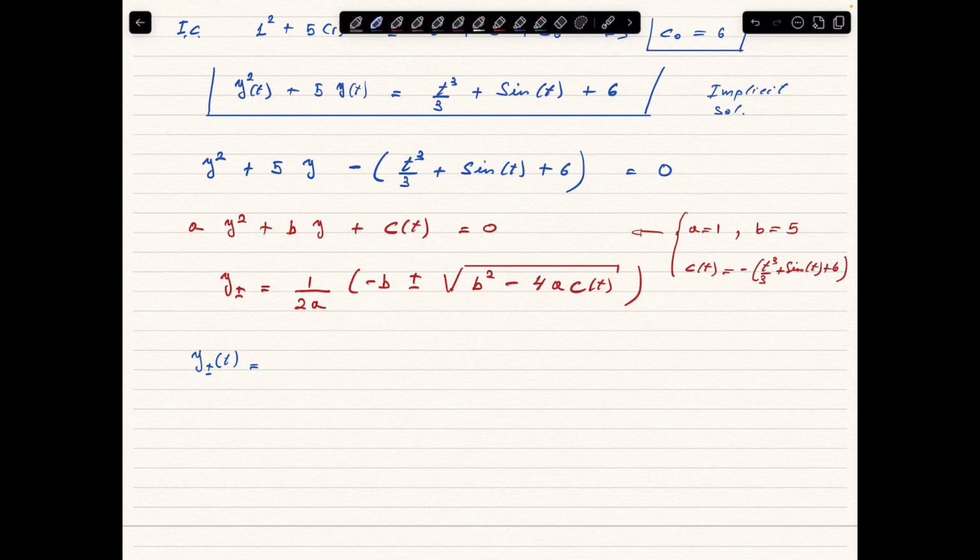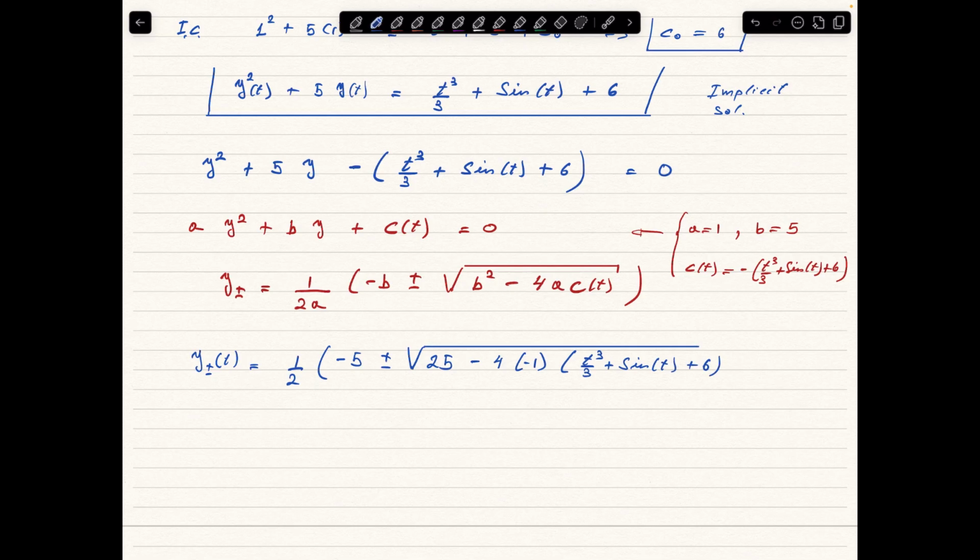If we do that, a is equal to 1, so 1/2. b is 5, so minus 5 plus minus the square root of 25. So far it is simple. And now minus 4, a is 1, and c is negative 1 times the coefficient, which is t cubed over 3 plus sine of t plus 6.